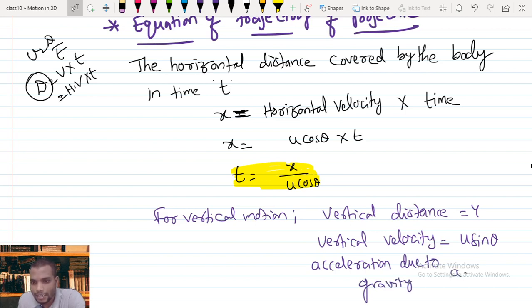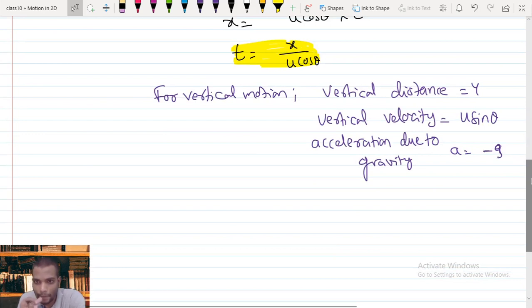This acceleration a equals negative g, because the body is moving up and acceleration is always in the downward direction.